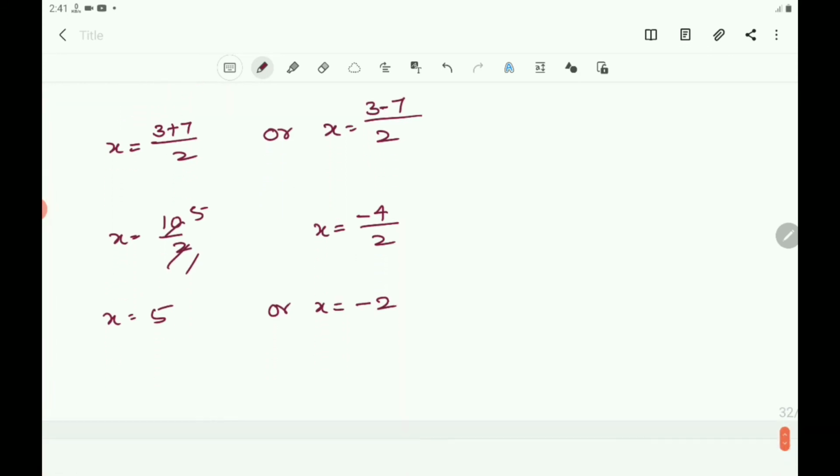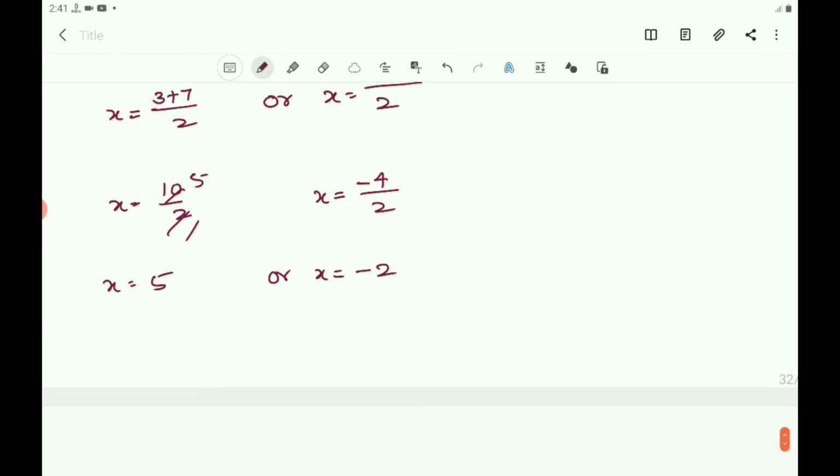Therefore the roots are 5 and minus 2. The same value is got by the factorization method also, that is 5 and minus 2.